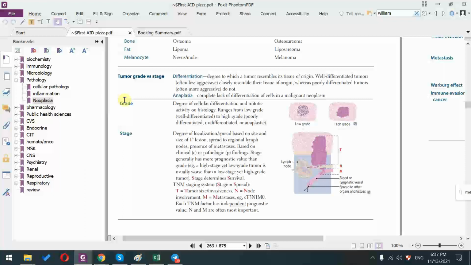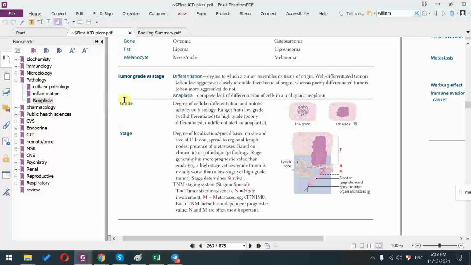Is that a good thing or a bad thing if it highly resembles the original tissue? If the tumor in that organ highly resembles the tissue it originated from, is it a good thing? Yes, it's a really good thing. It means that, well, it's not totally anaplastic. Now we will see what anaplastic means.